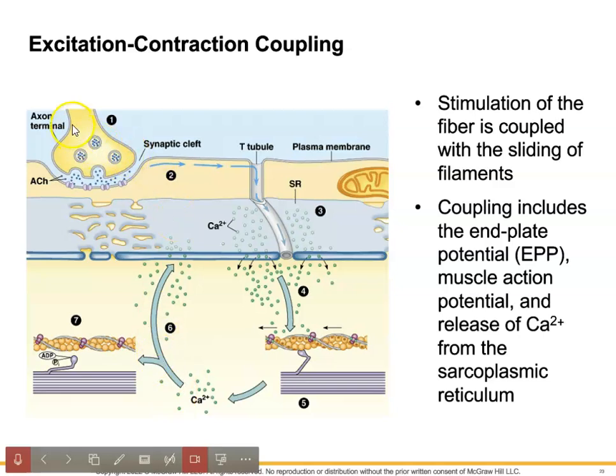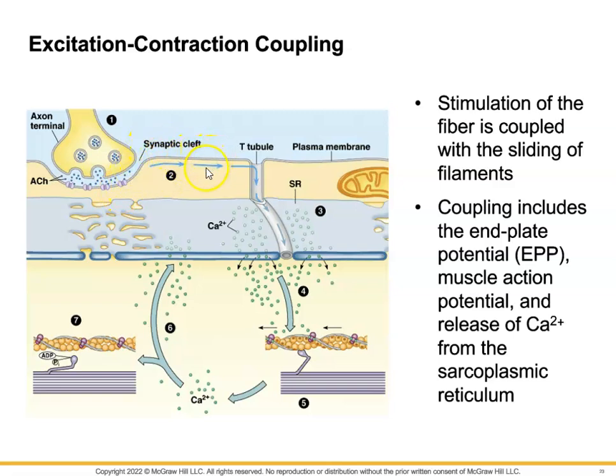So quick overview again. Here's the axon terminal. That's the same thing as the synaptic knob. It releases acetylcholine into the synaptic cleft, the space. It binds to acetylcholine receptors. The sodium gates open, sodium rushes in and depolarizes this part of the membrane, which depolarizes the next and the next and the next as more and more sodium gates open.